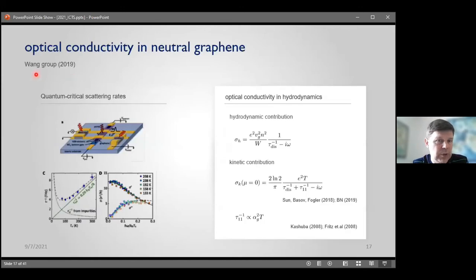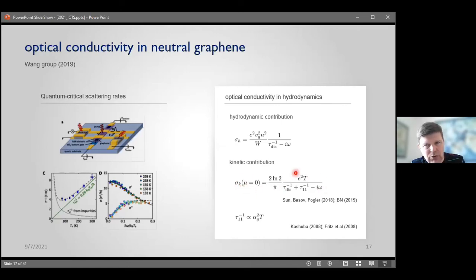So in a recent experiment in Berkeley, people studied exactly the optical conductivity in graphene close to charge neutrality. And there they managed to discern the different temperature dependence of the electron-electron scattering time, linear here, and the electron-impurity scattering time, this curve here, right? Such that if you go away from the Dirac point, then the optical conductivity has two contributions.